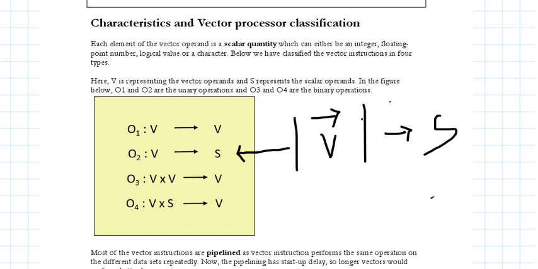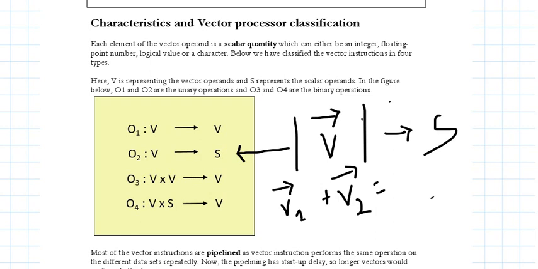Just a simple operation, say addition of two vectors. If you add two vectors, then what will be the nature of the output? Will it be a scalar quantity or will it be a vector quantity? Just think for a while.